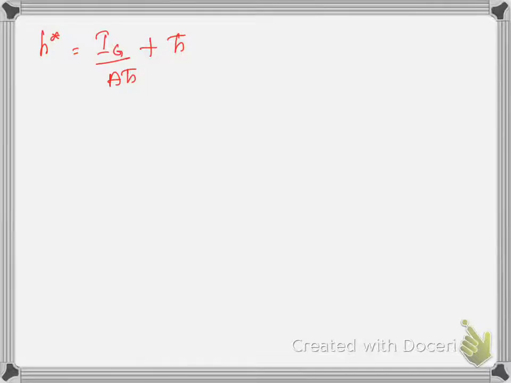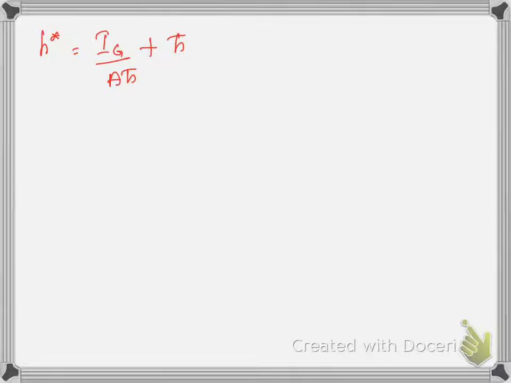So what is this Ig value? Again I am repeating. Ig is nothing but the moment of inertia about an axis which passes through the center of gravity of the area, and it will always be parallel to the free surface of the liquid. That is called Ig.